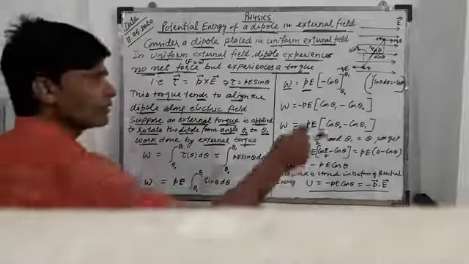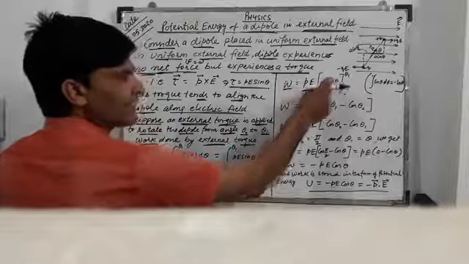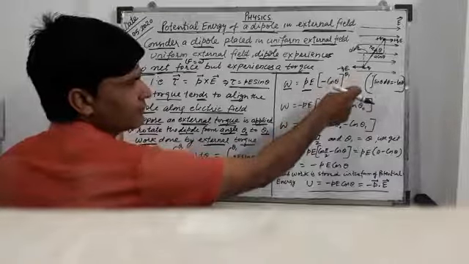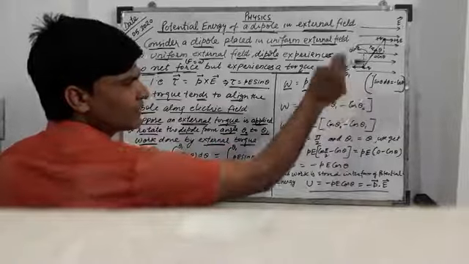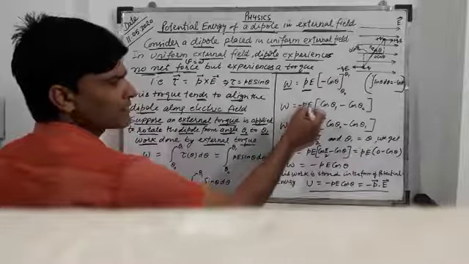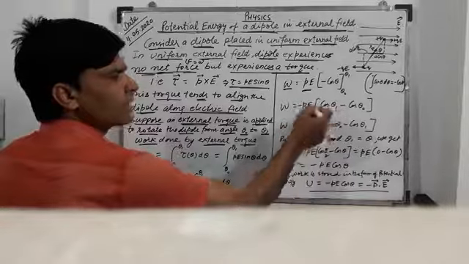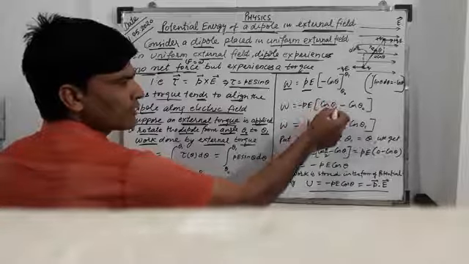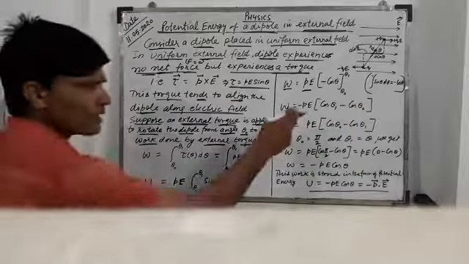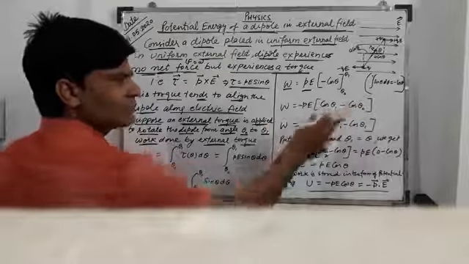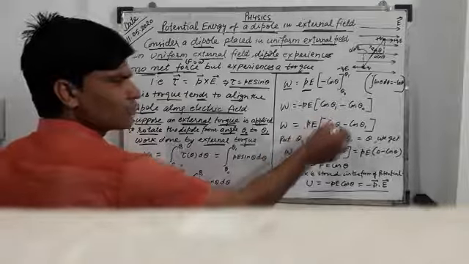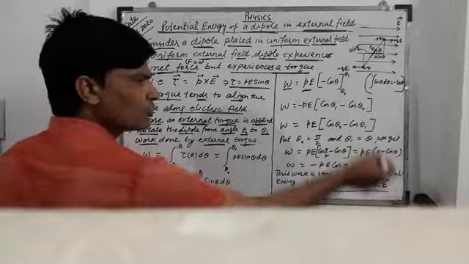Now take the negative sign out. Putting in the upper and lower limits, W is equal to minus PE bracket cos theta 1 minus cos theta naught. By applying the negative sign to this bracket, we get W equal to PE bracket cos theta naught minus cos theta 1.